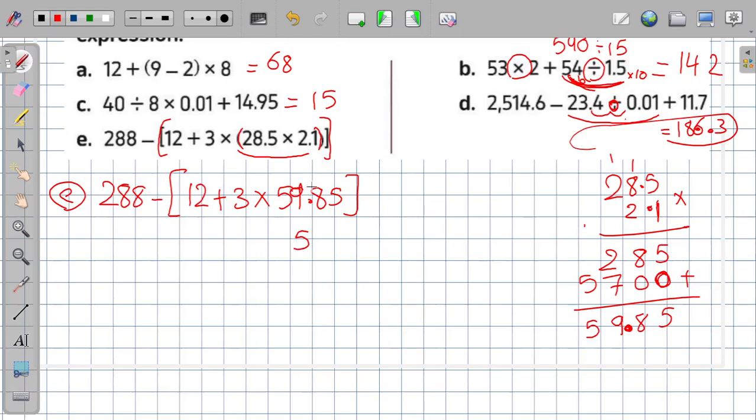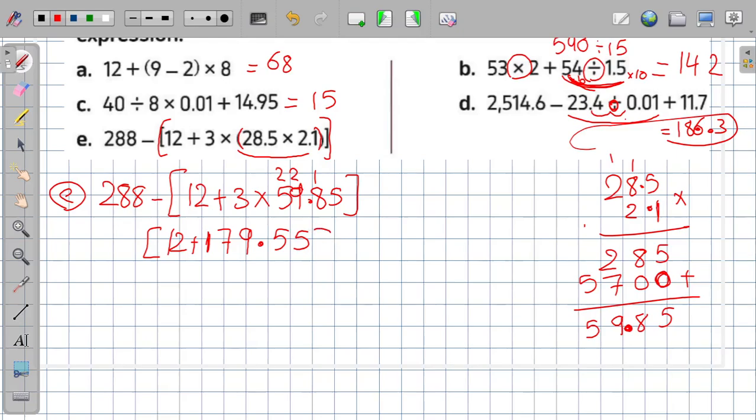So I have 5 and carry 1. 3 times 8 equals 24 plus 1 equals 25. So I have 5 carry 2, and I will put the decimal point. 3 times 9 equals 27. 27 plus 2 equals 29. So I have 9 and carry 2. 3 times 5 equals 15 plus 2 equals 17. So I have 17. And all of that added to 12.